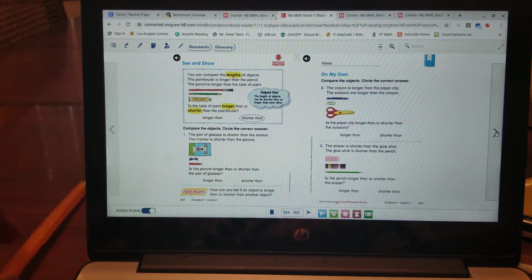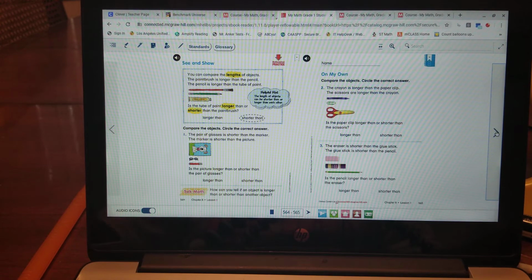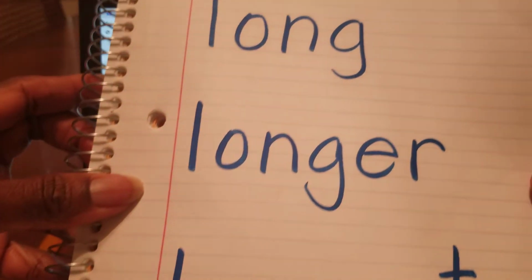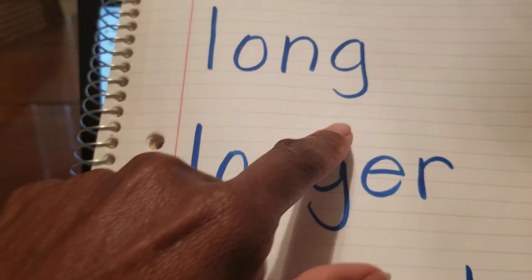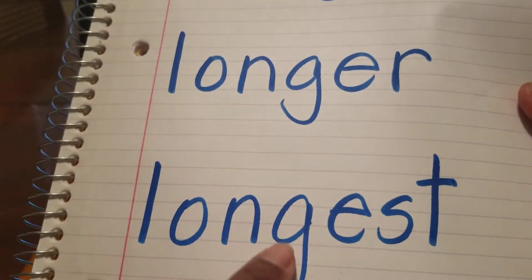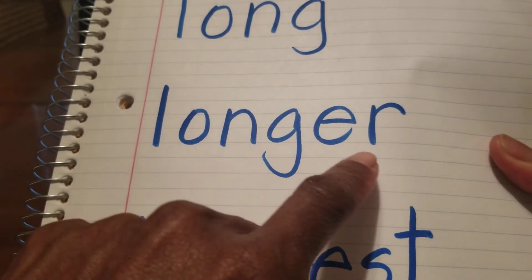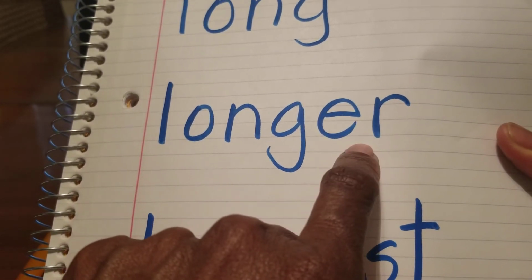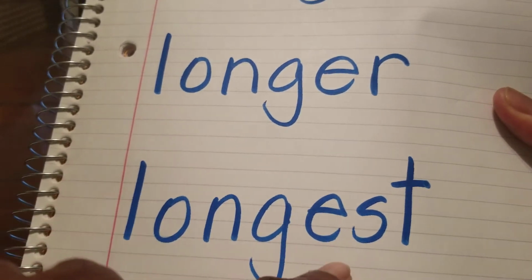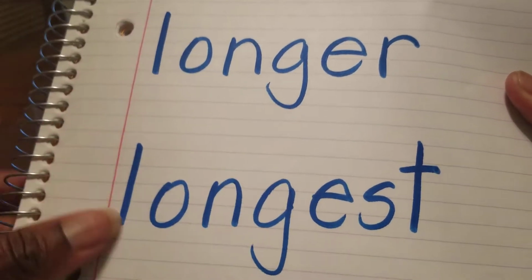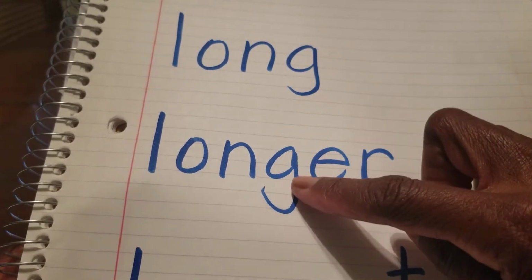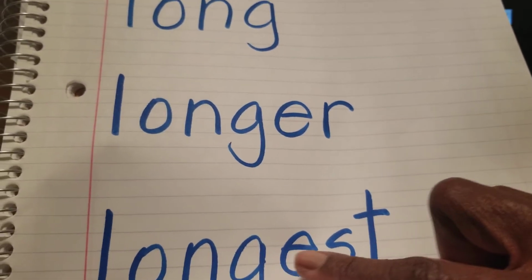It also works for long, longer, and longest. Longer when we're talking about two items. If we're comparing more than two, then we say longest. And again, notice the endings. ER, EST.